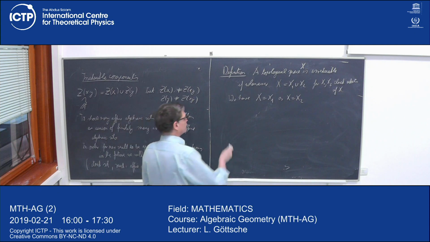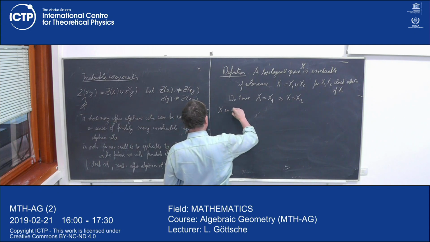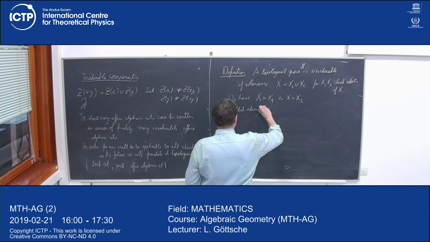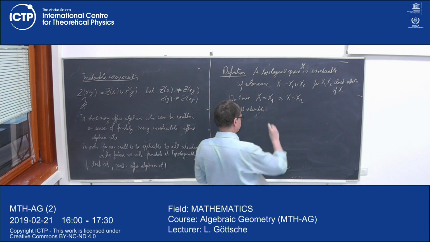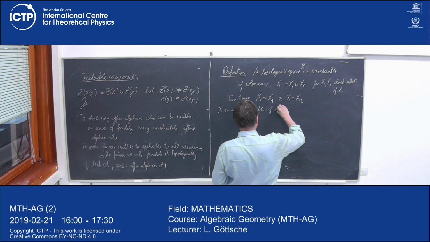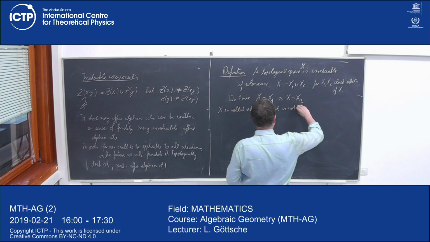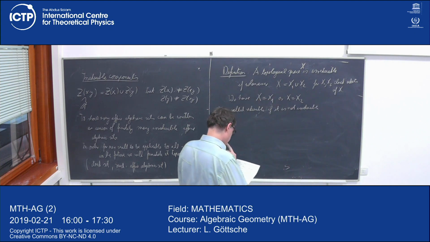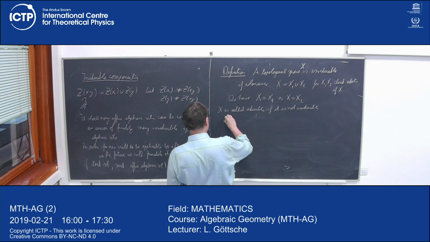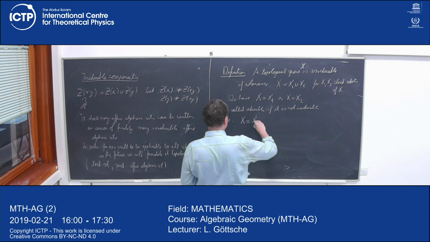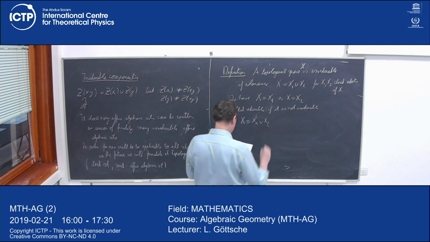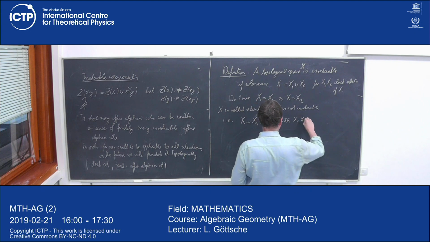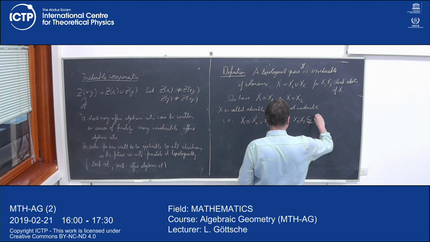X is called reducible if and only if it's not irreducible. If you want, you can also say this directly: you can write X equal to X1 union X2 with both X1 and X2 proper subsets.